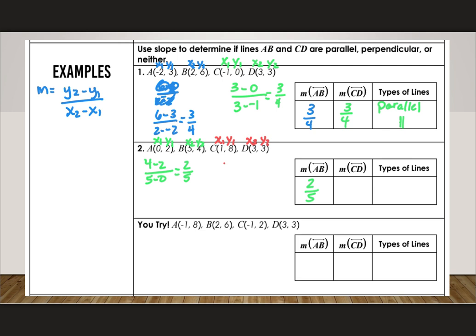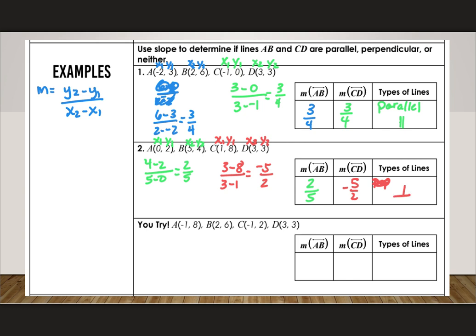And so on the top, we're going to have 3 minus 8, and then 3 minus 1 on the bottom. So this is going to be negative 5 over 2. So you can see that we flipped our fraction and we changed the signs. So these are going to be perpendicular, which apparently I can't spell, so I'm just going to put a symbol.